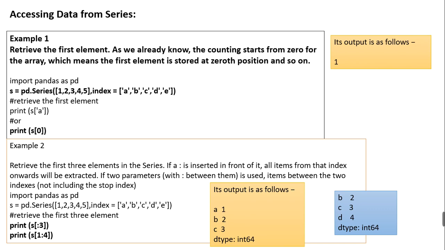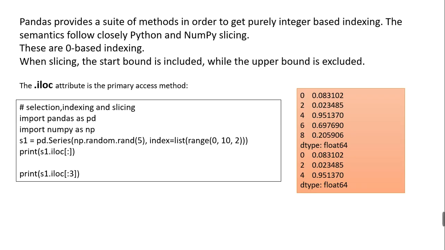So before we move on to the Spyder installation package, we will be covering a few more functions. Pandas provides a suite of methods in order to get purely integer based indexing. There are other means also to make the slicing possible, and one such function is dot iloc.